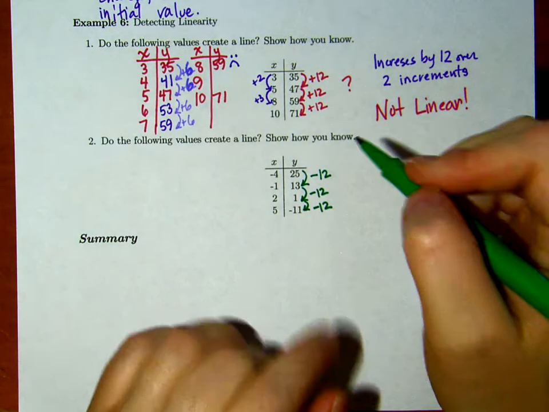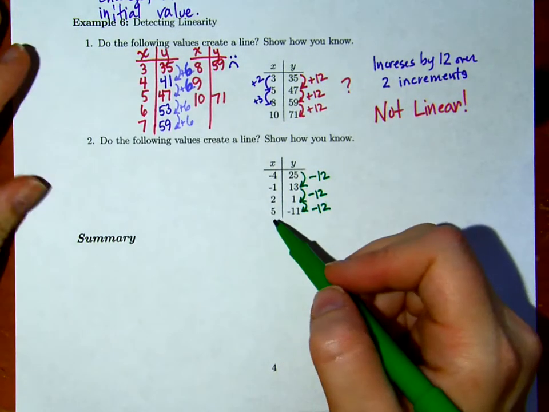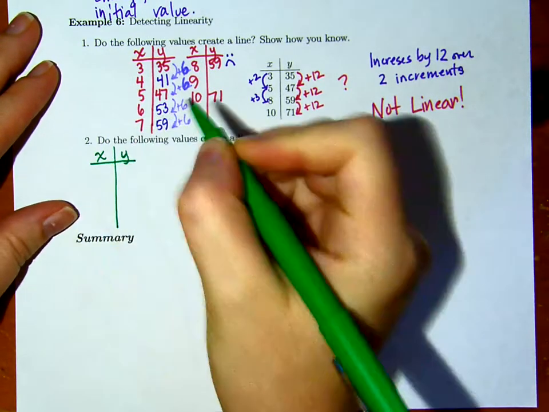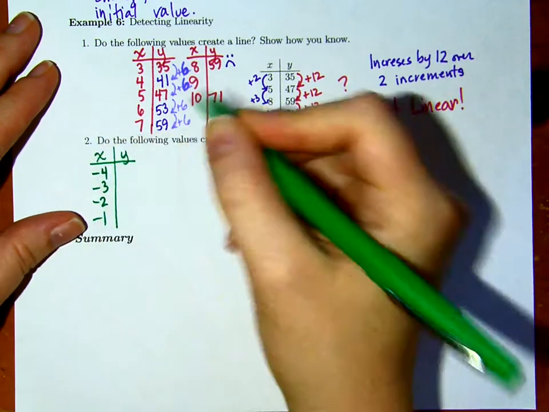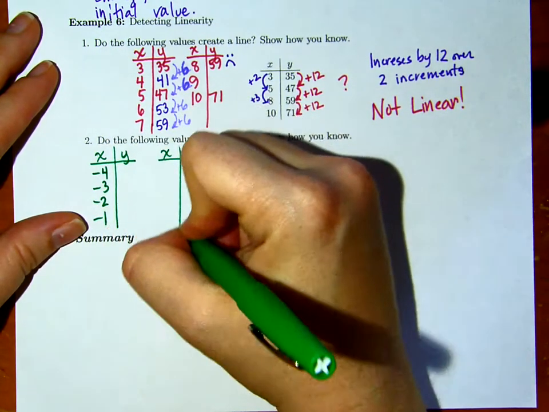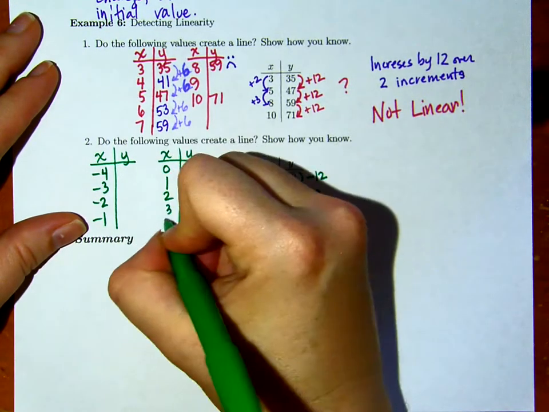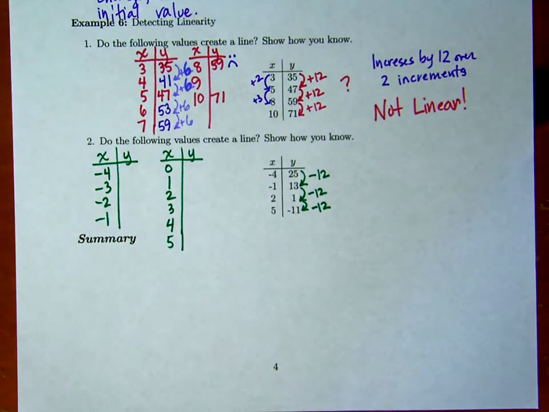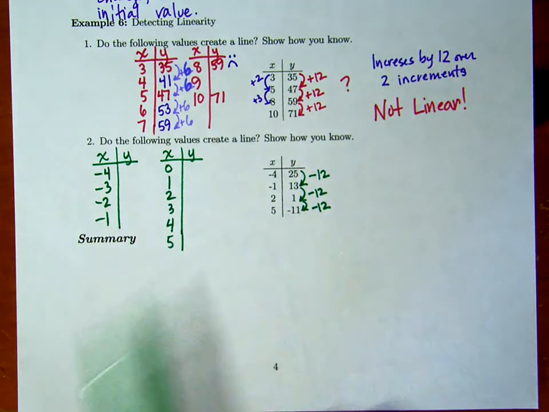Okay, so I'm going to set up a new table of values, starting at negative 4, and I counted by 1s all the way up to 5, just to see what happens here.